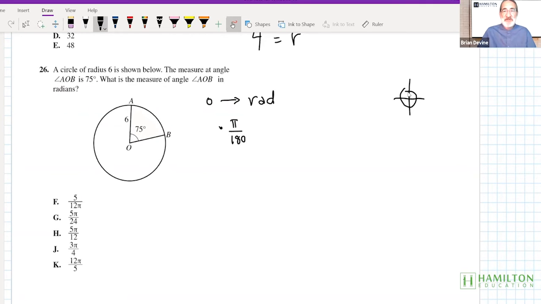So in 360 degrees, I went 2 pi radians. So we take 75 pi over 180, and we get 5 pi over 12. Which is F.